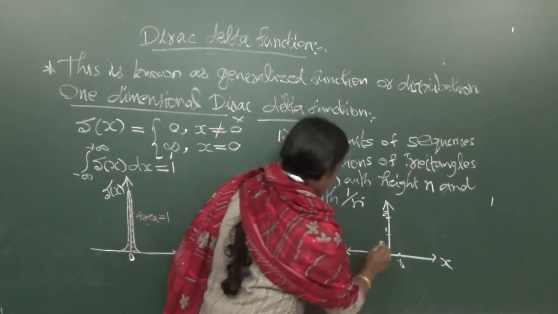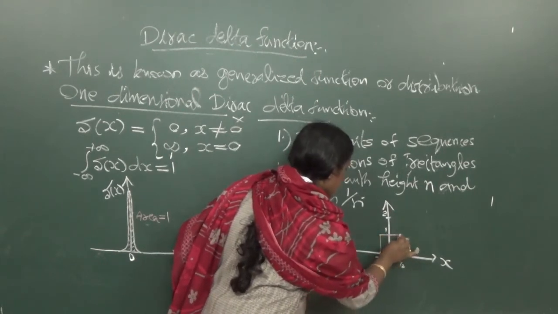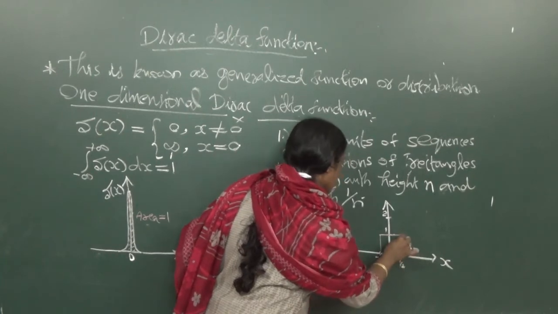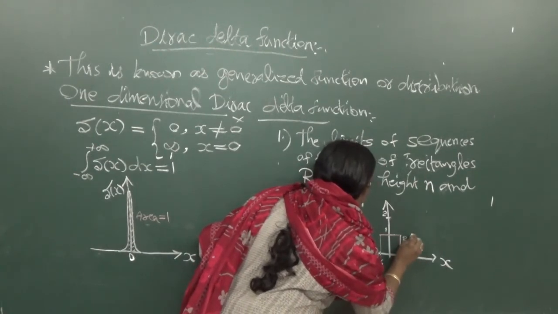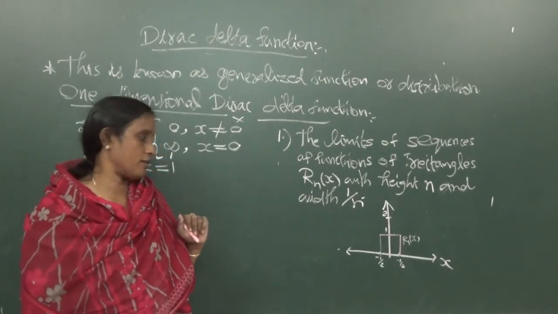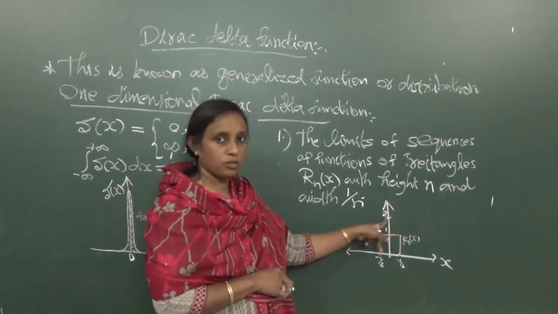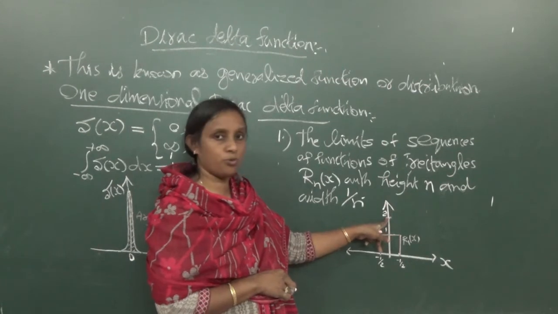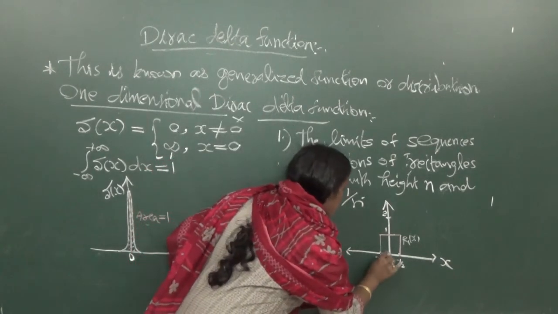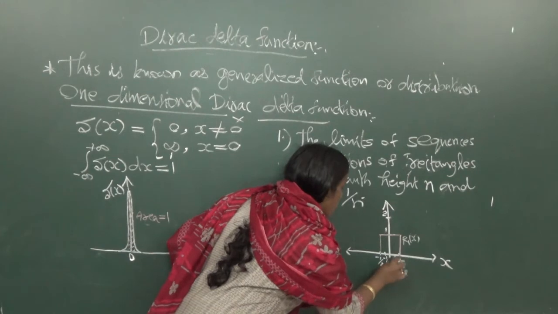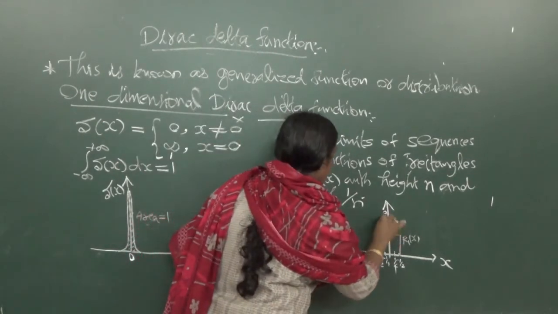Now I can draw the rectangle like this. For n equal to 2, width is 1 by 2, which means from minus 1 by 4 to 1 by 4. So I can draw like this.